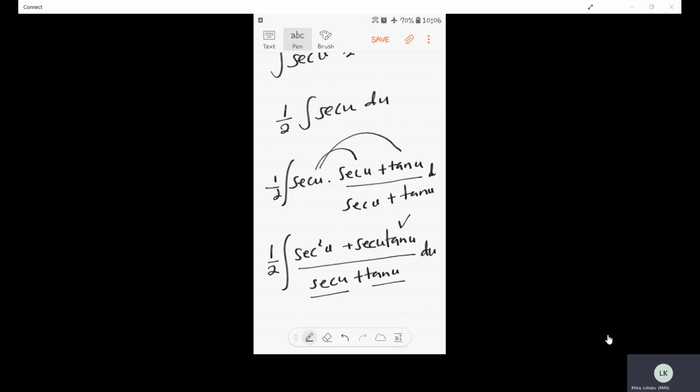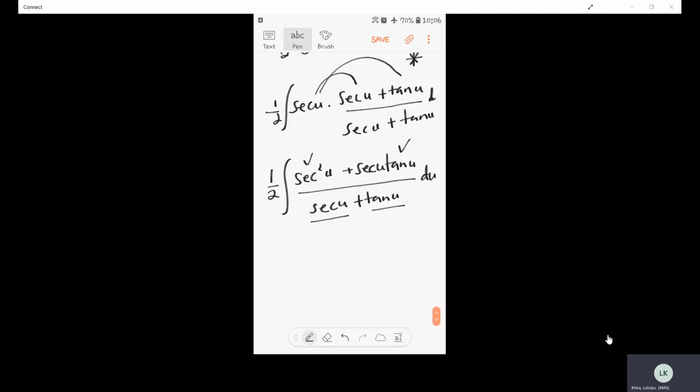When I differentiate tan u, I get sec squared u. So you can see that my numerator is the derivative of the denominator. So that is why I did this multiplication over there. So I introduced the derivative of a function so that I can use substitution.